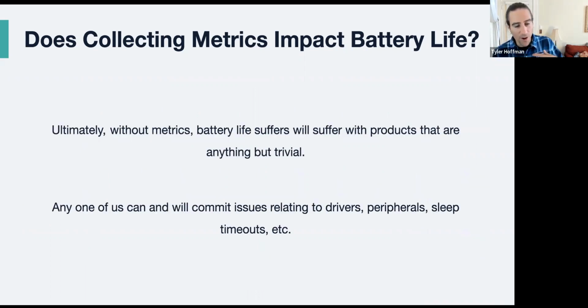But also my main takeaway from using metrics during my time at both Pebble and Fitbit was that our battery life would have suffered for no reason had we not collected the metrics to be able to dig into the battery life to begin with. So you can either not track how much power is being used or all the subsystems that could impact battery life.